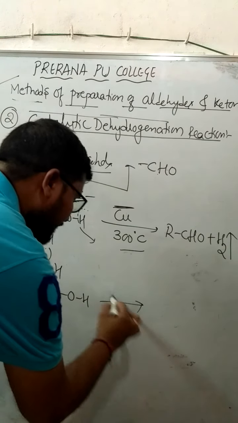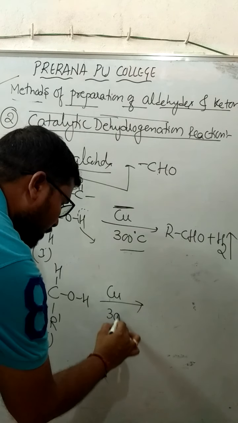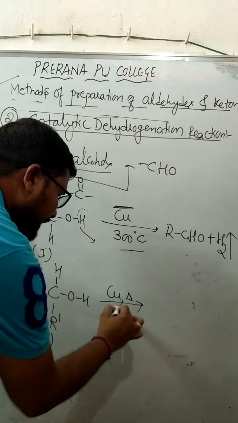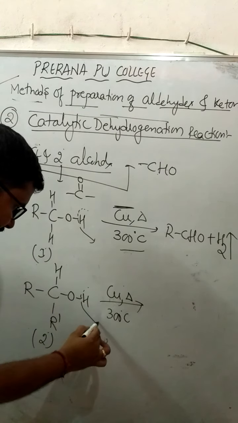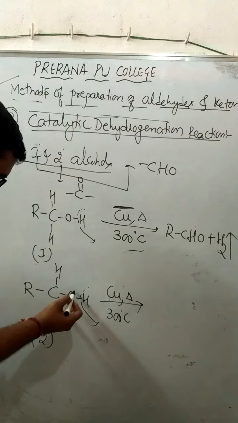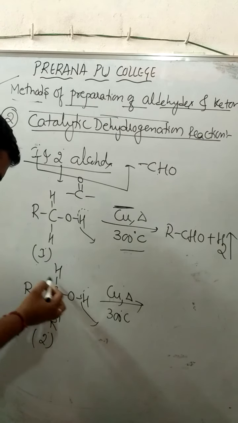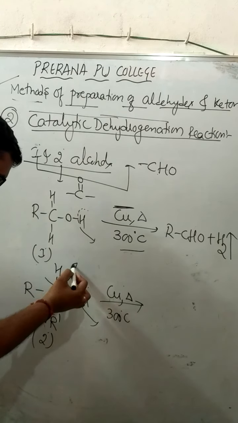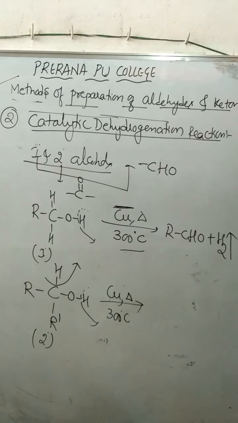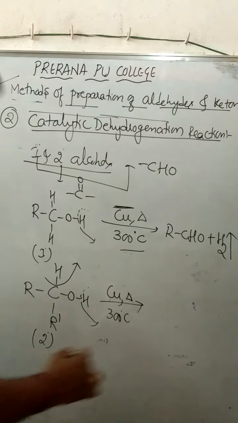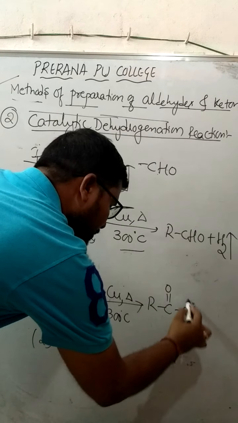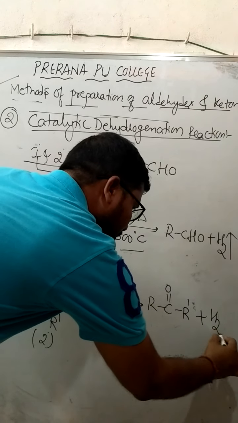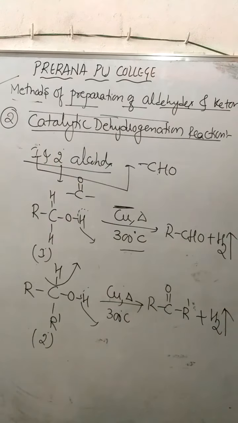When this secondary alcohol is heated with copper by maintaining a temperature of 300 degrees Celsius, again apply the same logic. Hydrogen gets eliminated as a proton, oxygen becomes negative, migration of electron takes place between carbon and oxygen, and this hydrogen gets eliminated as a hydride ion, such that the major product will be what? R-C double bond O-R', which is a ketone, along with the liberation of hydrogen.